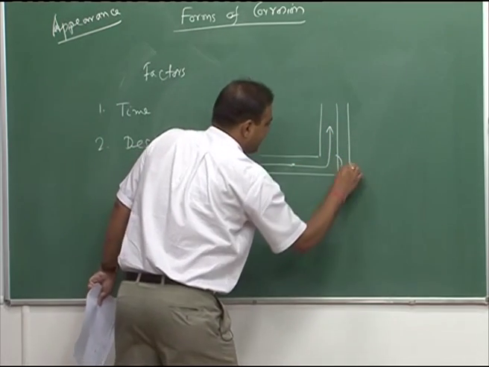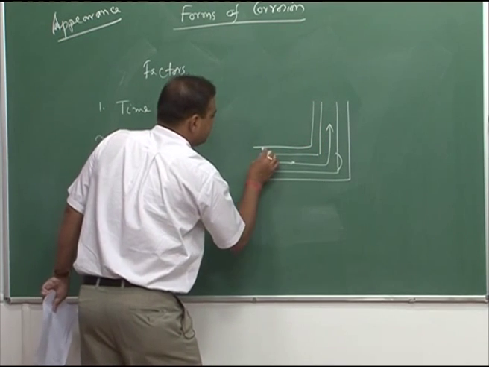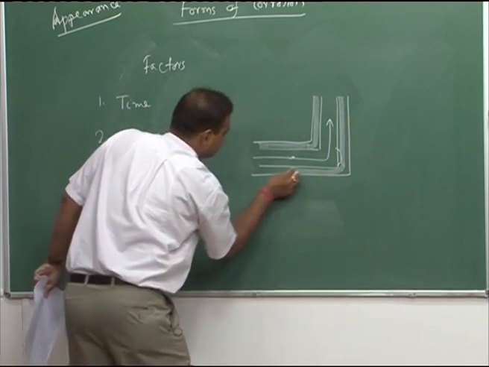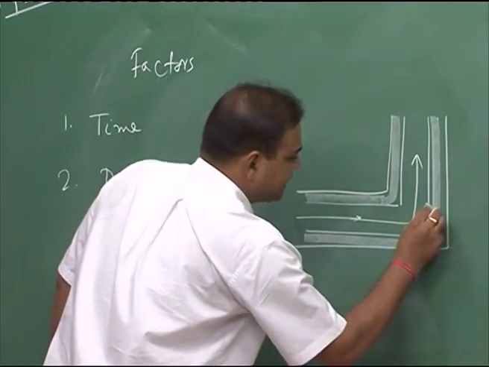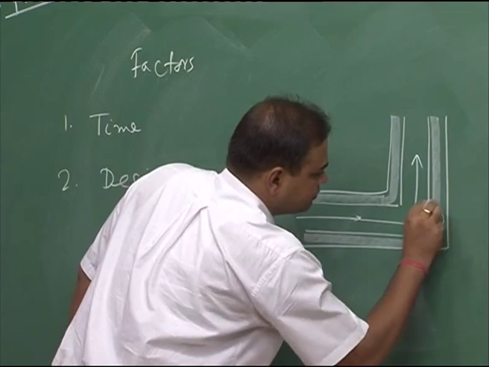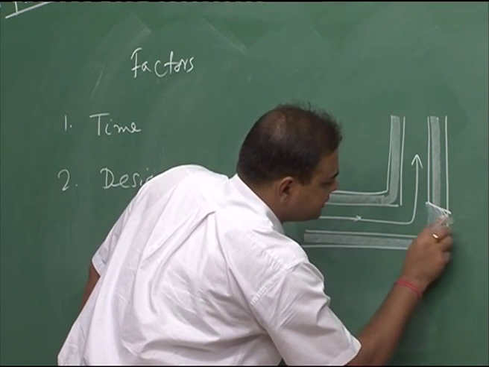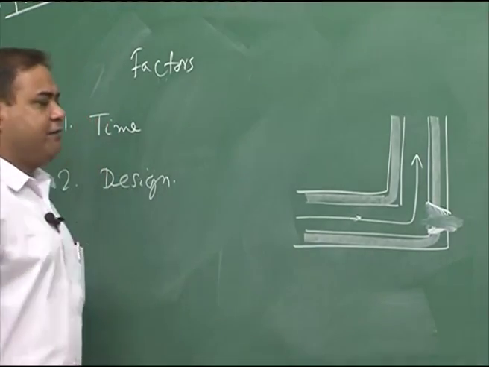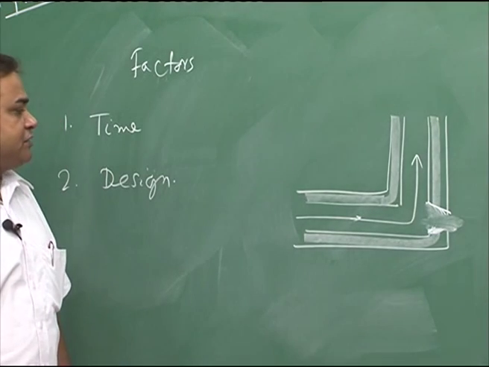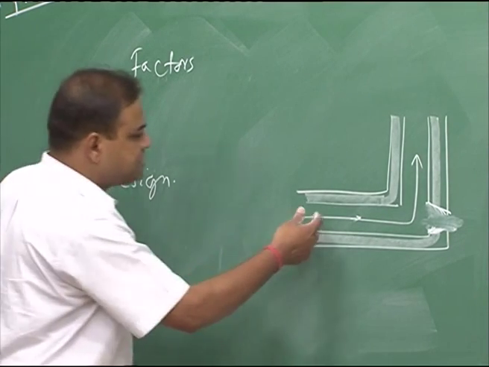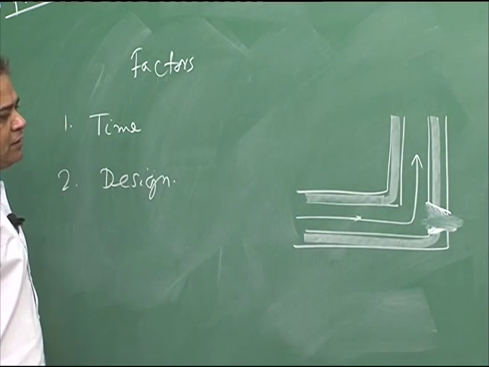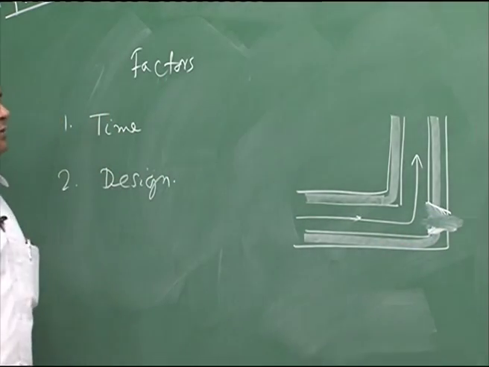So, if this is my pipe thickness, gradually this part would be corroded. Finally, you will see that this part has a leak. The leakage happens due to this cavitation, this erosion corrosion, because of the impingement of the dirt particles, because of the movement of this fluid. So, here we have a failure, leakage.